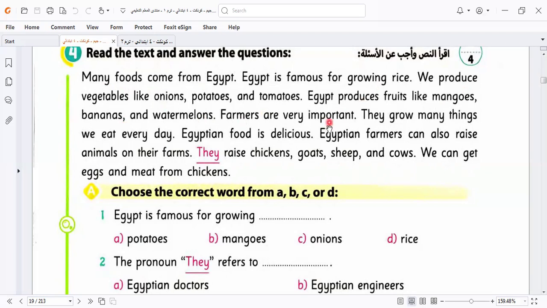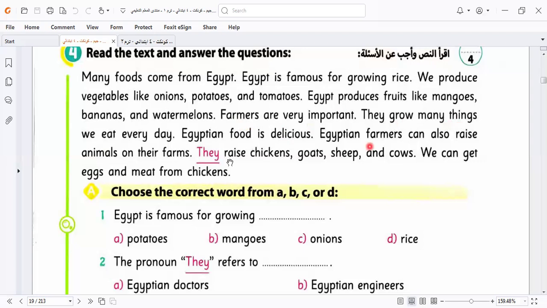Farmers are very important. Why can we say farmers are important? If we don't have farmers, can we have crops? Can we have food? No. So are farmers important in our society or not? Yes, they are important. Why? Because they produce the food for us. They have a great role in our community and our society. Yes, farmers are very important.